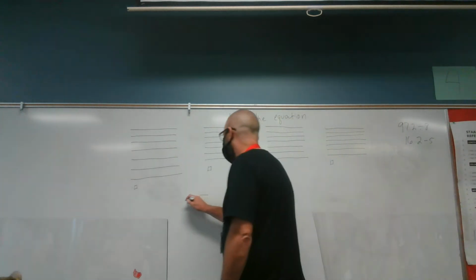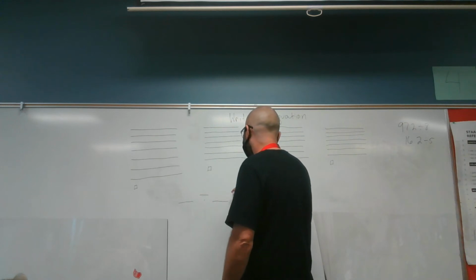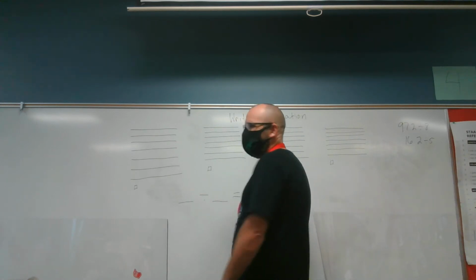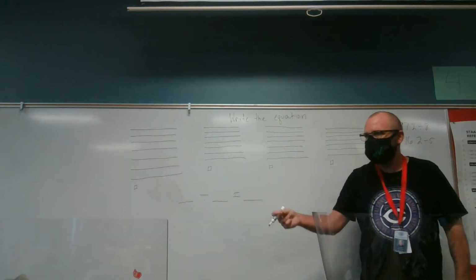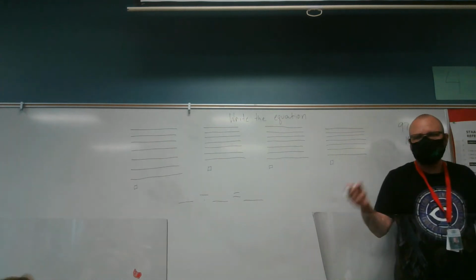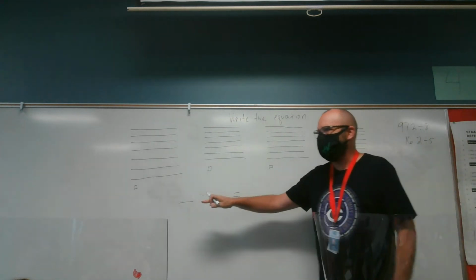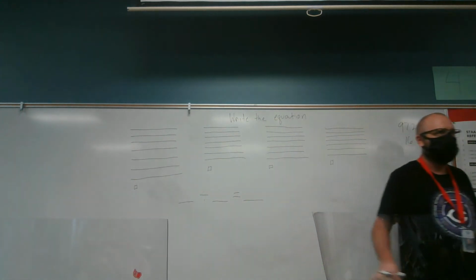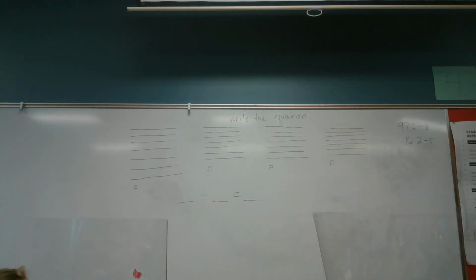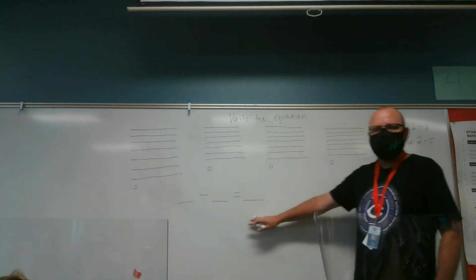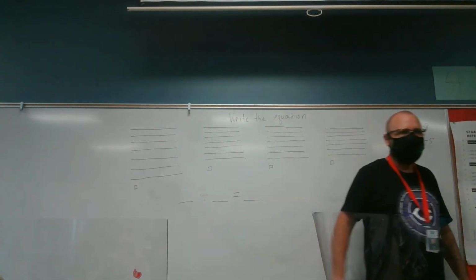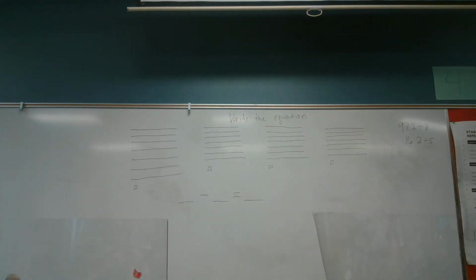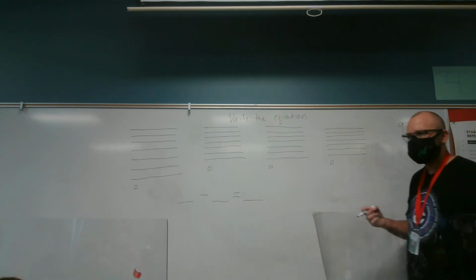So we're going to have something divided by something equals something. That's a good start. But you can't just turn that in as your answer. We got to figure out what goes in those blocks, in the somethings.